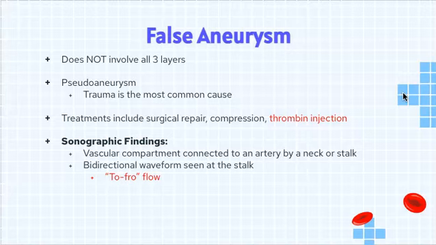The sonographic finding of a false aneurysm or a pseudoaneurysm is a vascular compartment connected to the main artery by a neck or a stalk. If you drop a pulse wave Doppler down into that neck or stalk, you're going to see a bidirectional waveform, which is also called to-fro flow. I'll show a picture on the next slide, but you definitely want to know what to-fro flow is and what it's associated with for the registry.